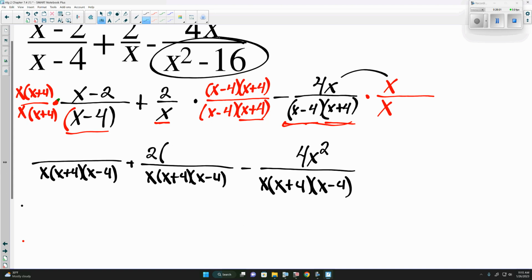Because what are the factors of x squared minus 16? Isn't that this right here? x minus 4 times x plus 4 did factor from x squared minus 16, yes? So if I'm multiplying these two together, well, we got them from x squared minus 16.